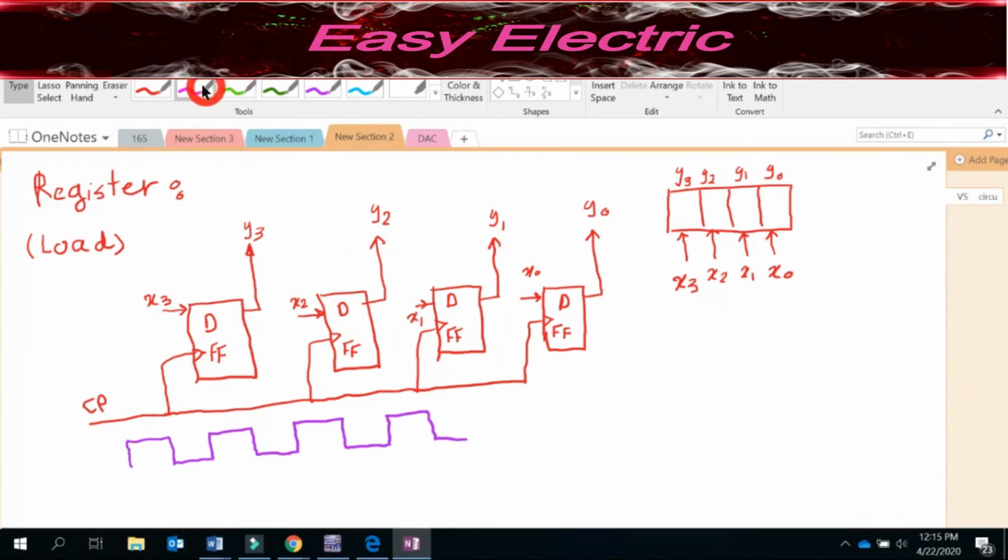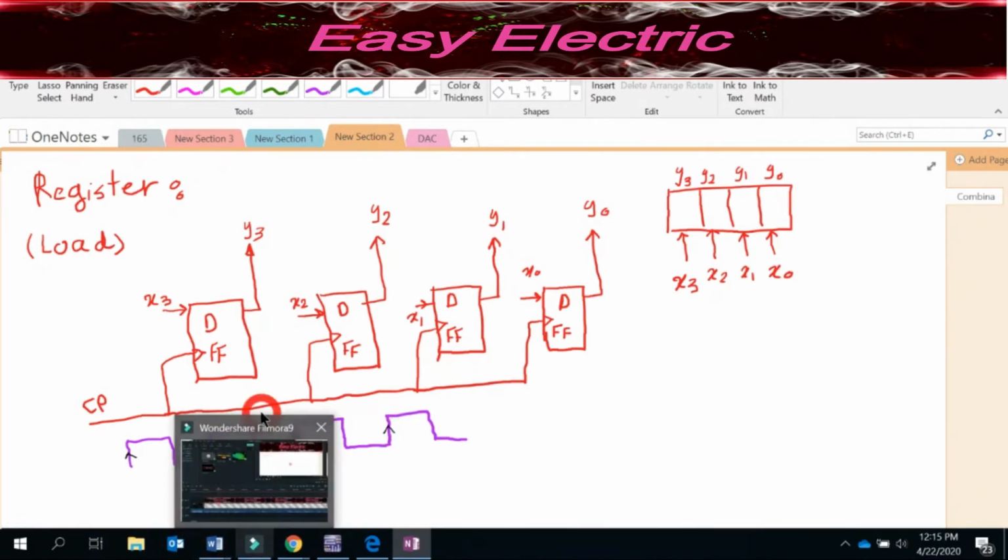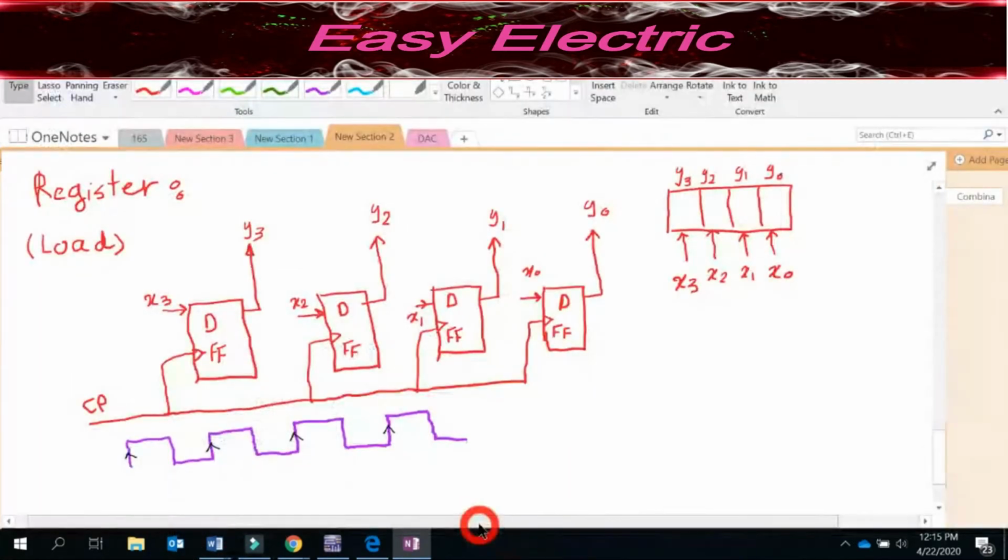I need to find the rising edge to know when it takes a look at these inputs, right? So where is the rising edge? Definitely this is a rising edge, whenever you move from 0 to 1. Where is the next? Next is here. And the next is here.